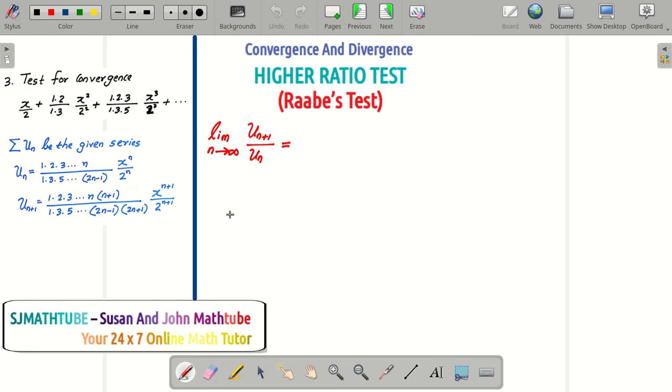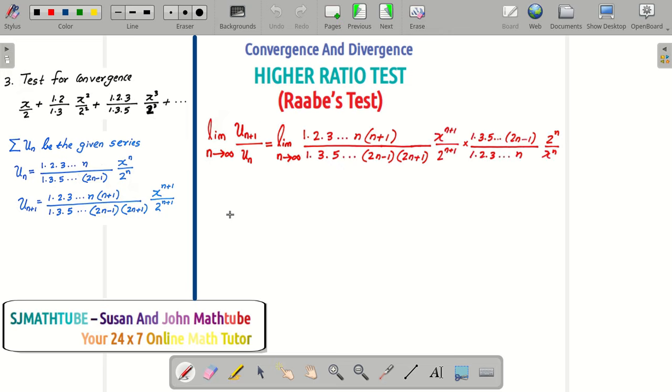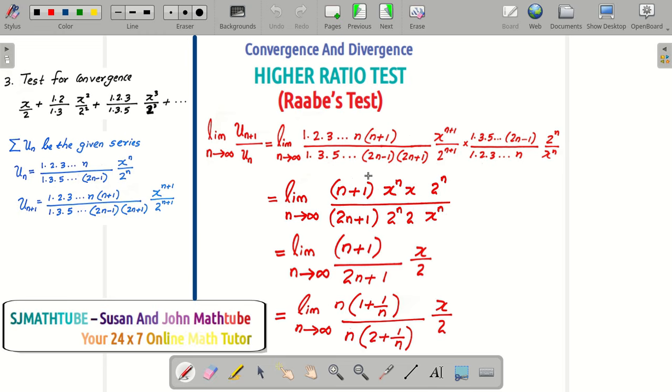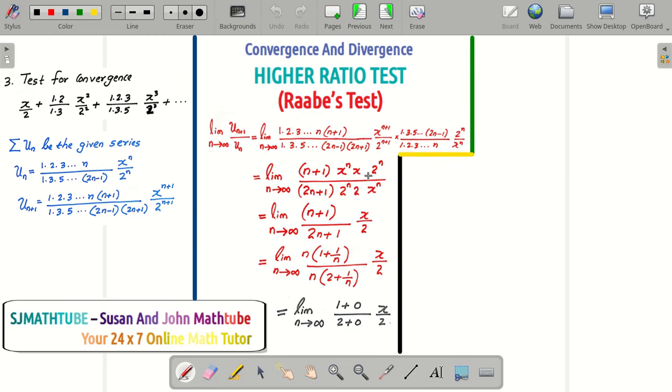So as always, the limit n tends to infinity un plus 1 by un. So just plug in the un value and un plus 1 value, simplify, apply the limits, and we get x by 4. We have done many problems like this.